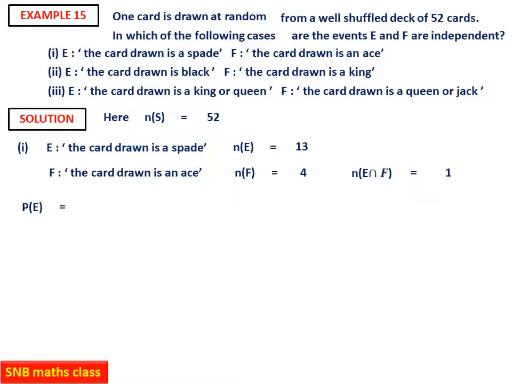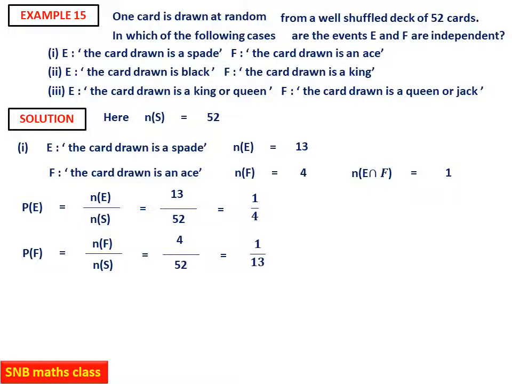Now probability E equals number of E divided by number of S. That is equal to 13 by 52, which is 1 by 4. So the probability of the event E is 1 by 4. Similarly, probability F we calculate as number of F divided by number of S. Substitute, that is 4 divided by 52, that is 1 by 13.